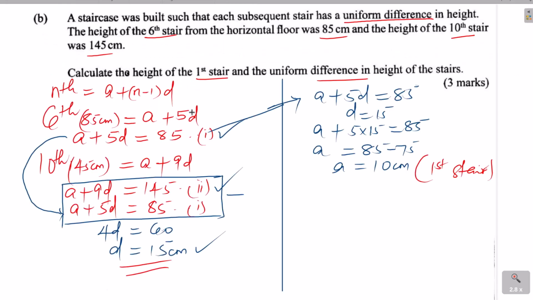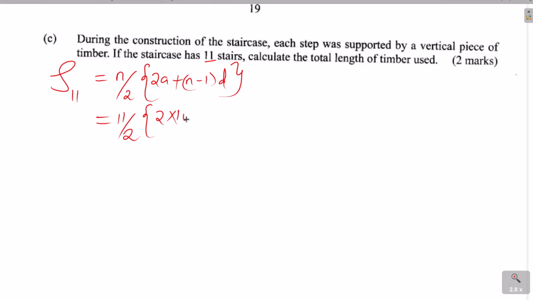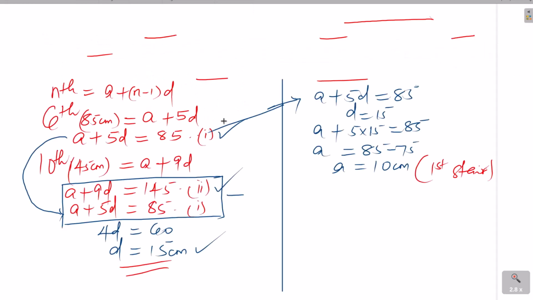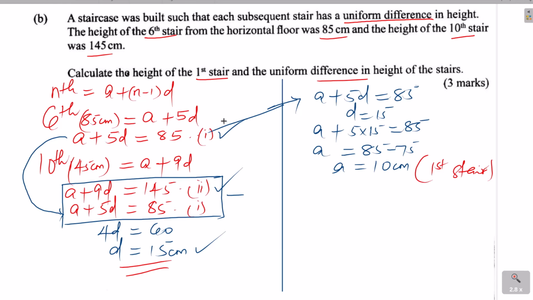We got that to be 10. Then plus n is 11, subtract 1. Then the uniform difference, we got it. The uniform difference is 15.